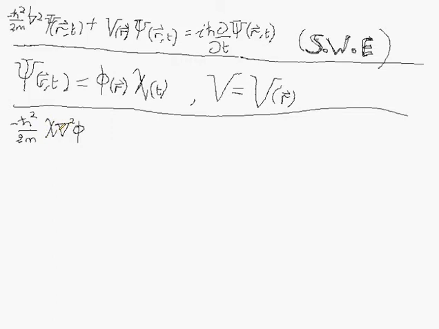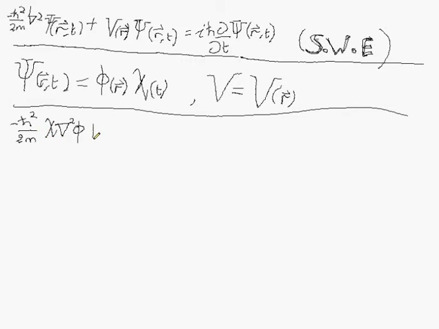It would be a little more complicated than that, just because of the square. You'd be doing the product rule twice, but at the end of doing that product rule, what you would end up with would be this. This would be the only term that would not include a position derivative of a function of time only, i.e., this is the only term that would not necessarily be 0.